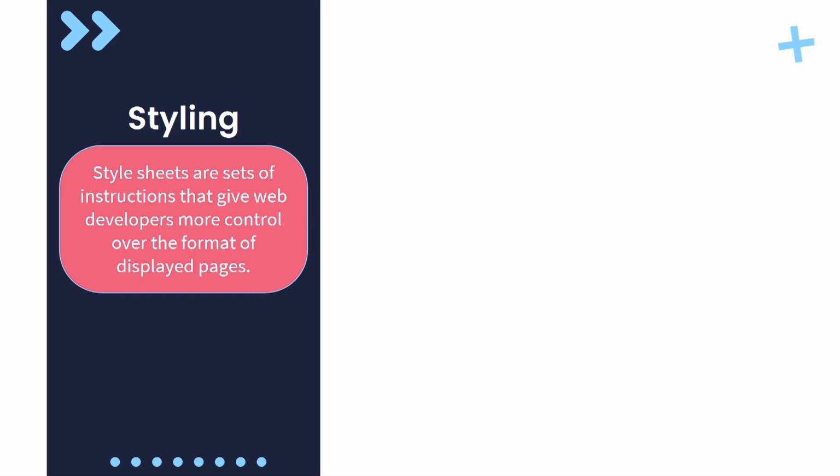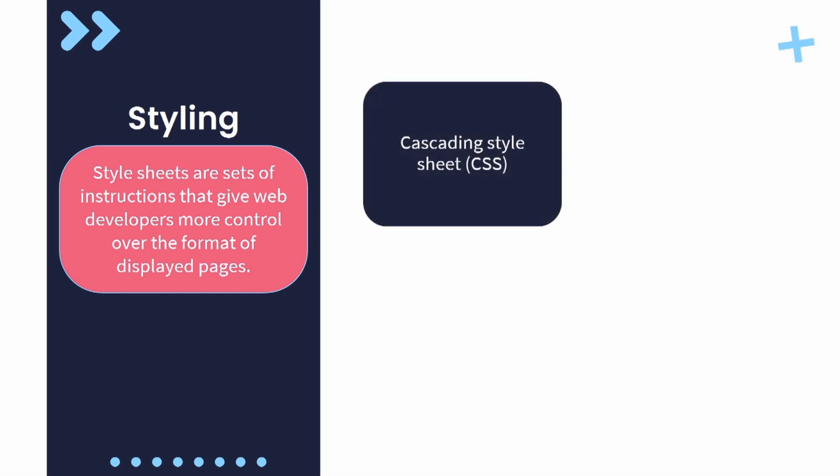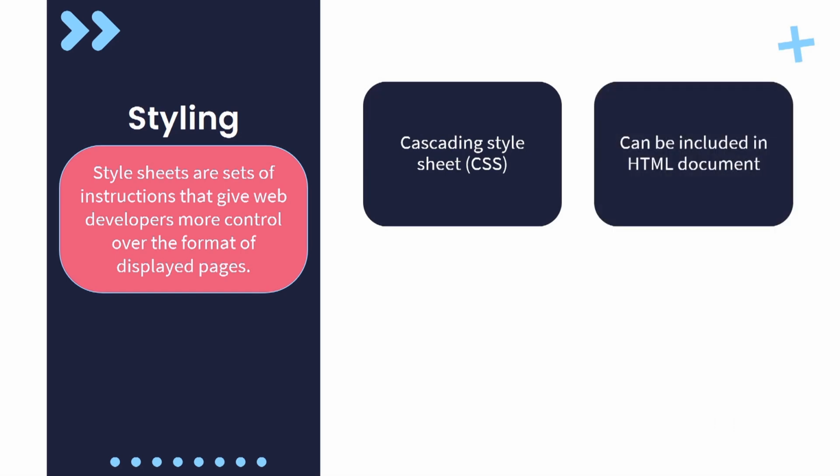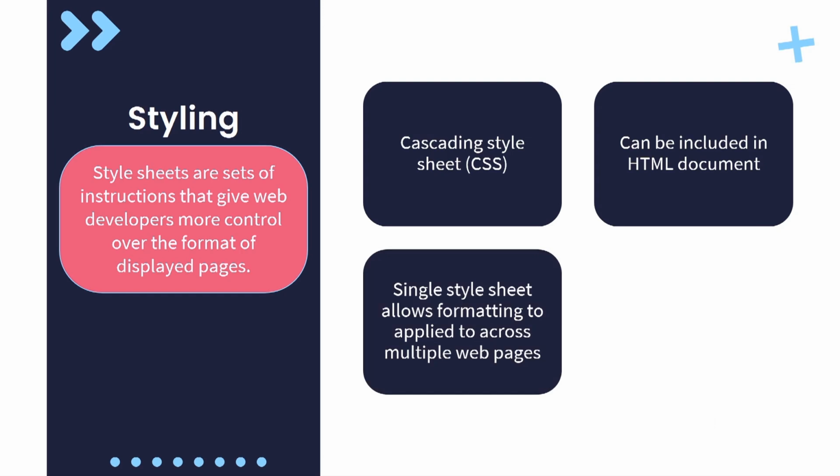So when it comes to styling, the most commonly used approach is a CSS style sheet, also known as a cascading style sheet, okay? The code can be included inside an HTML document, but it's not necessarily the best practice when we do web development. We can also use a single style sheet to style multiple pages across our website, and this is the preferred approach.